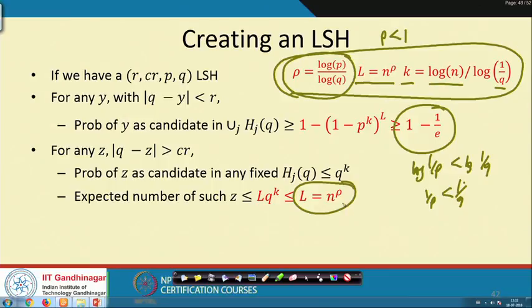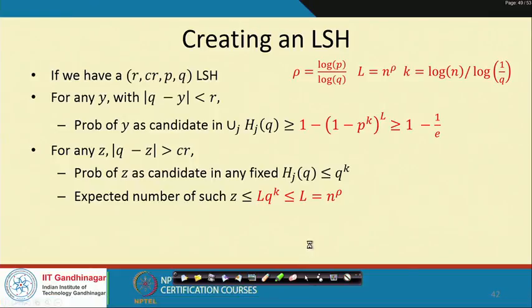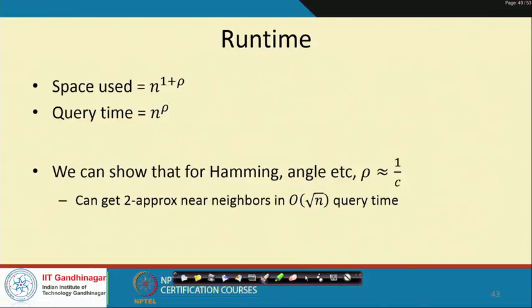And the space required is n to the power 1 plus rho, because you have n to the rho hash tables, each of them needs n space, and the query time is n to the rho.